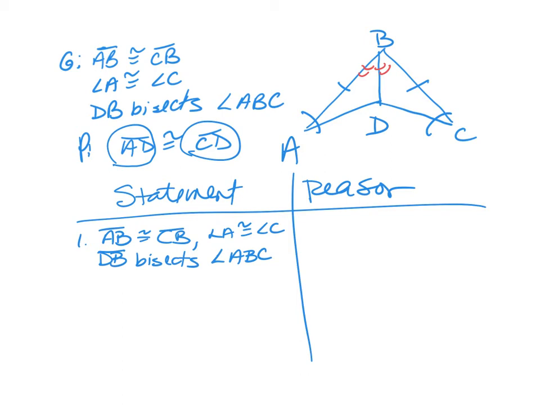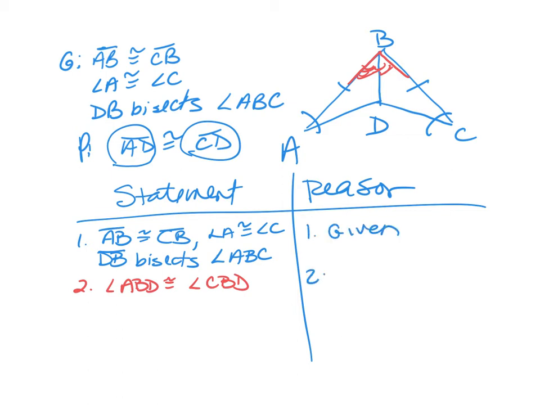Because DB cuts this big angle in half. So that means it cuts it into two equal pieces. You see that? Whenever you see bisects, you can say that angle ABD is congruent to angle CBD. And the reason, this reason here is given.